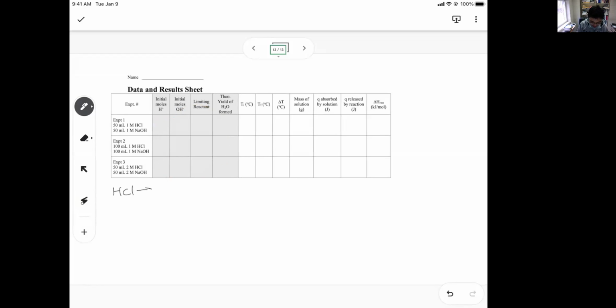HCl is an acid. In other words, it will give you proton and chloride. And sodium hydroxide gives you sodium and hydroxide. This is the definition of acid and base: species that can give you proton, species that can give you hydroxide anion.